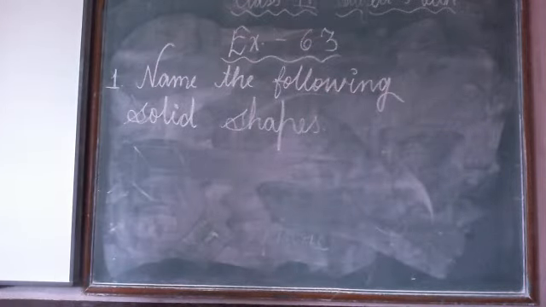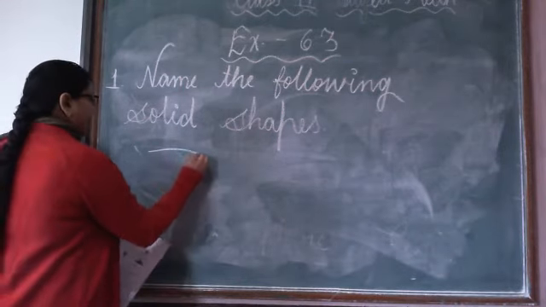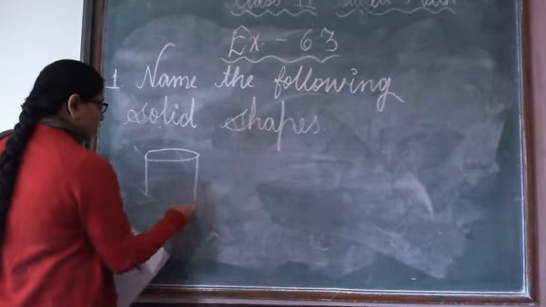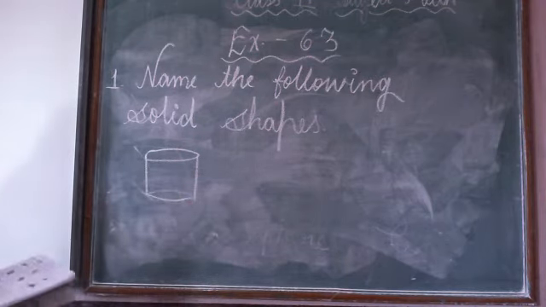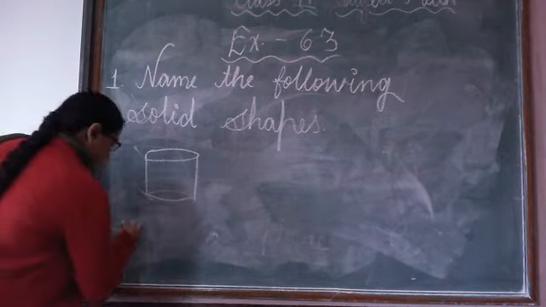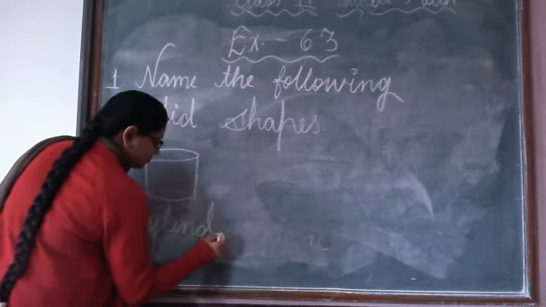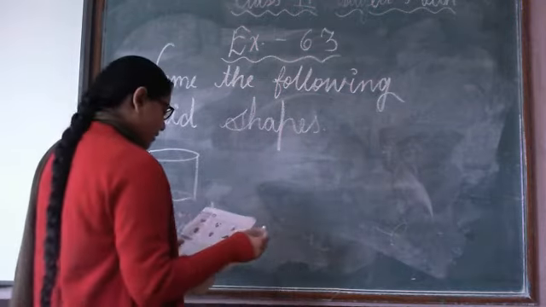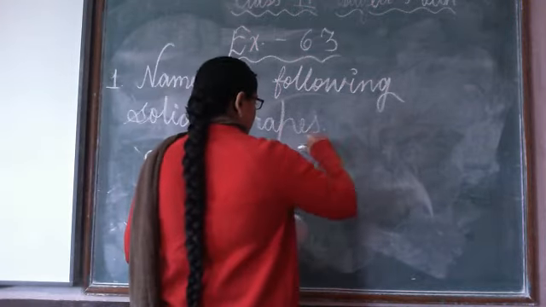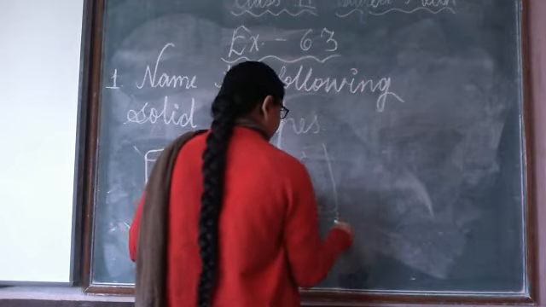Okay. So there is a can now. The next is a can. So a can is in cylindrical shape. So this is a cylinder. The next one is a globe. So we know that the globe is a sphere.